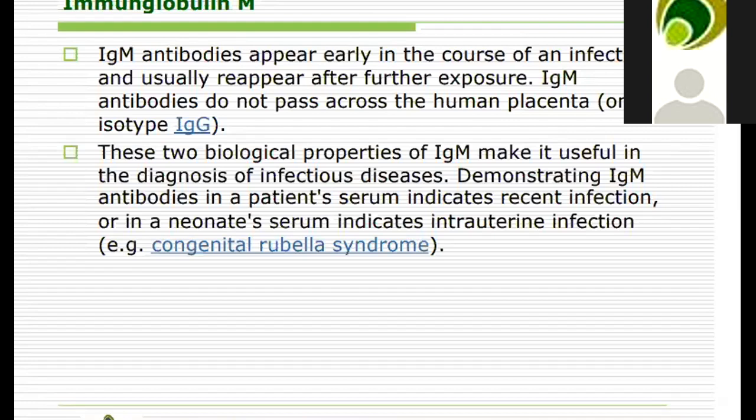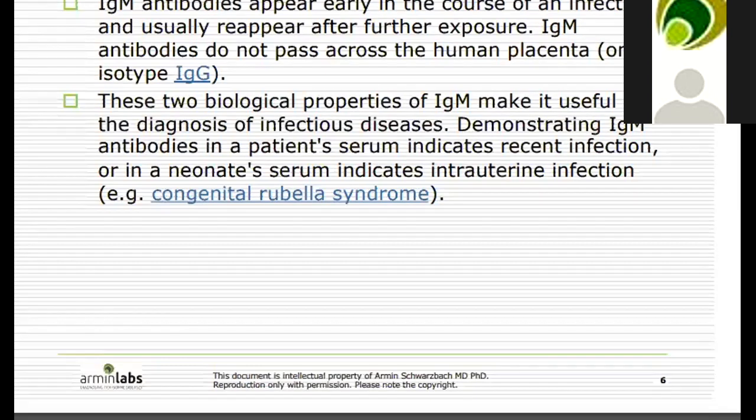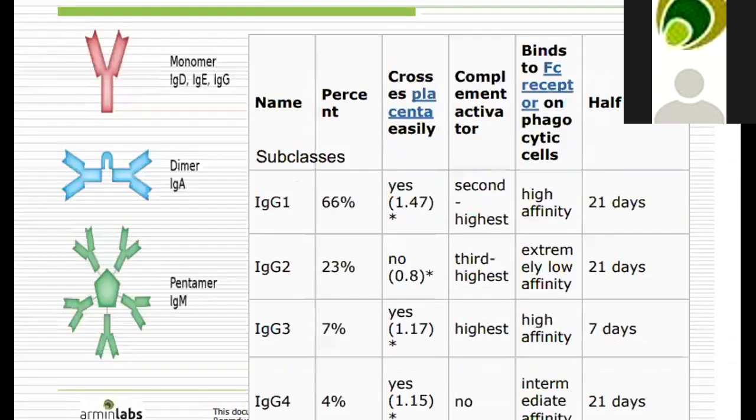And the IgM has a very useful diagnostic feature. It indicates a recent infection, or in neonatal serum, it indicates an intrauterine infection. So if you're not sure if a baby is infected, maybe you can check also by Tickplex or maybe other antibody testings for IgM. Not IgG. IgG will not help you in this case.